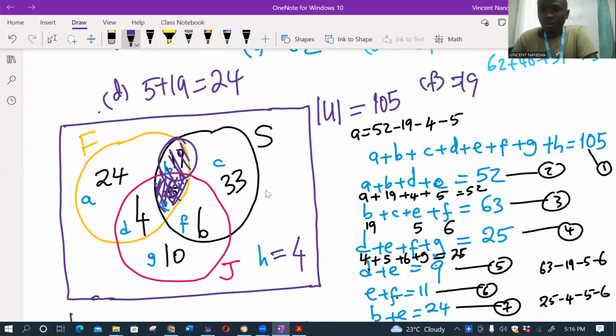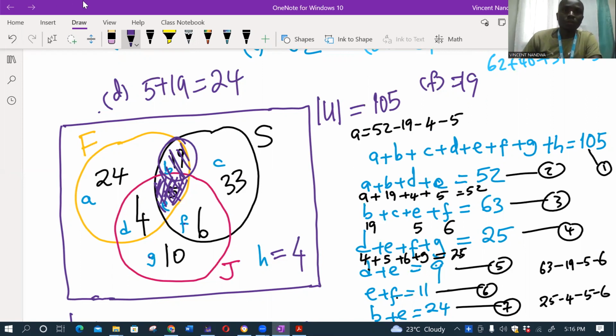So therefore, the answer to part F, 19, are those adults who studied French and Spanish, but not Japanese.